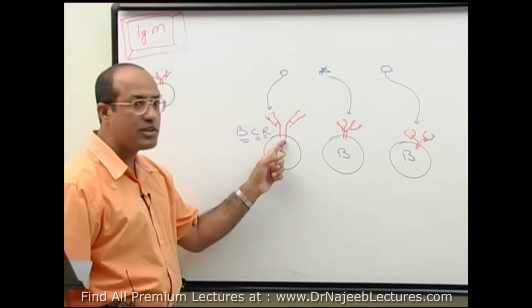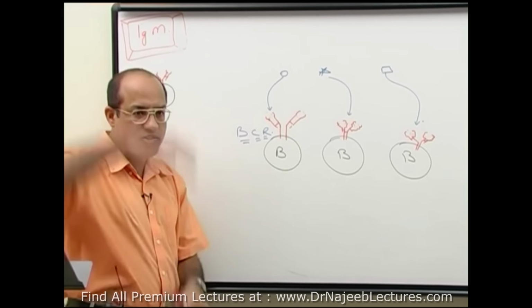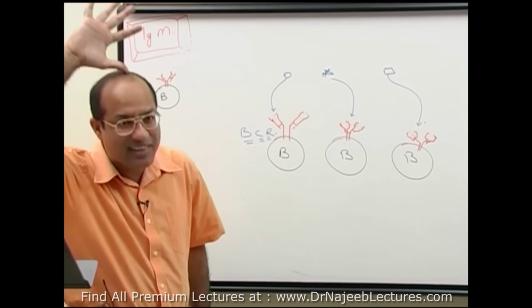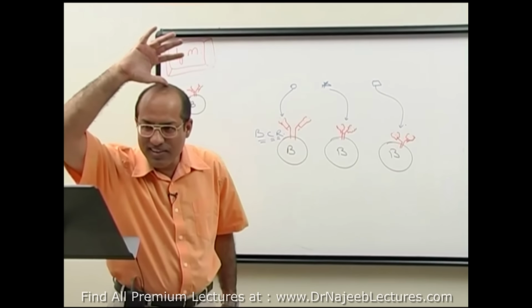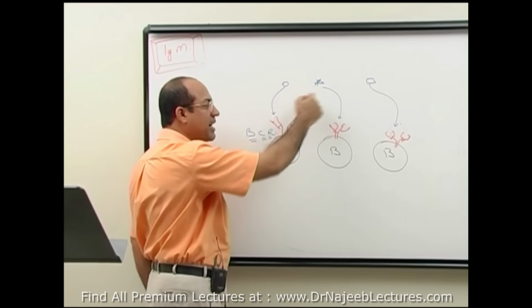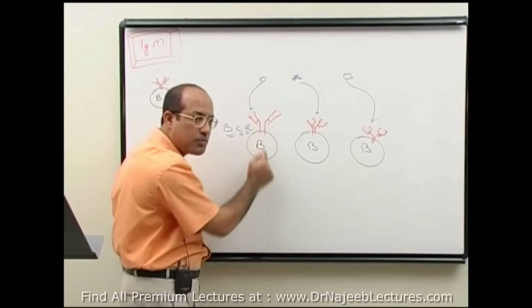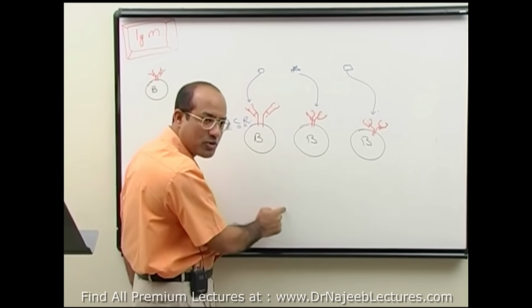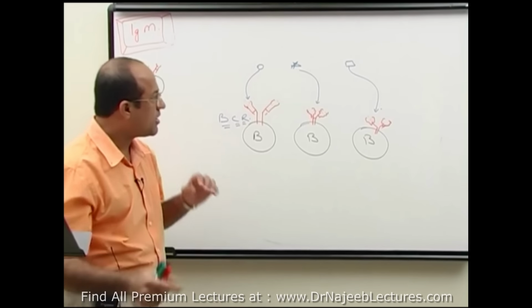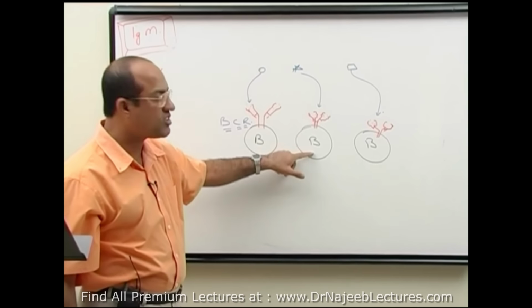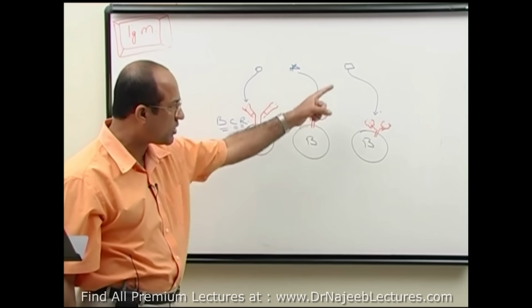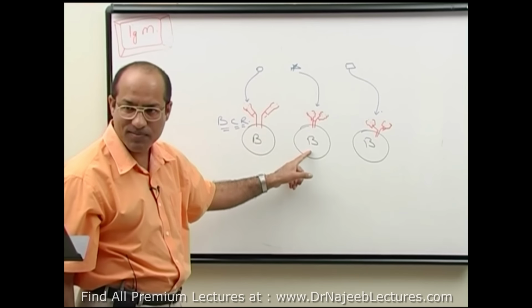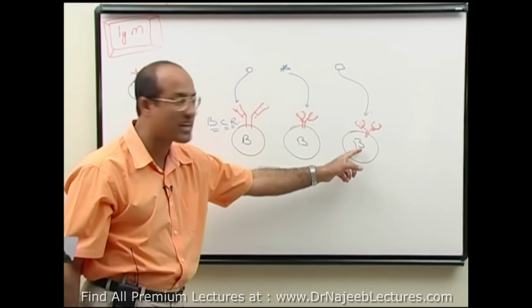So actually every B cell on its head has a sample antibody. The antigen goes and binds with the relevant one, and then that B cell will be activated and convert into a plasma cell. Now if star antigen comes, only this B cell will convert into a plasma cell. But if square antigen comes, do you think this will be activated? No, that one will be activated.